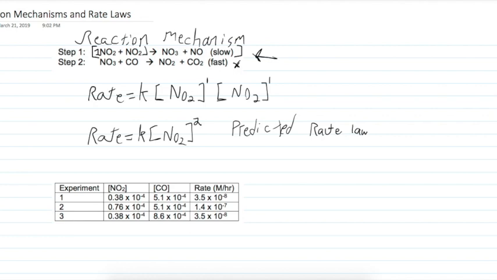Now, we make predicted rate laws so we can compare them against reality. The data you see down here is experimental data. This reflects reality. The predicted rate laws are only what we think might happen. And the reason we compare the two is to see if our rate law reflects what happened with what we think with the mechanism.